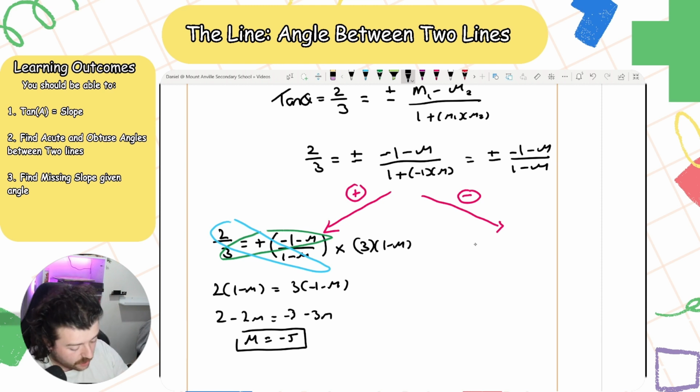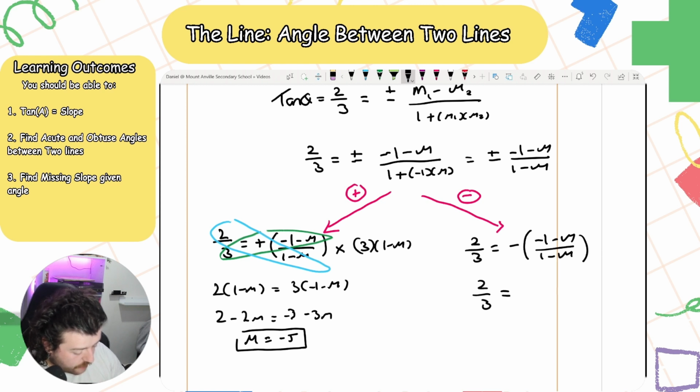Let's look at the other slope. This slope could also be 2/3 is equal to minus minus 1 minus m all over 1 minus m. Multiplying by this minus, that would be 1 plus m all over 1 minus m. Multiply both sides by 1 minus m and 3, cross multiply again.